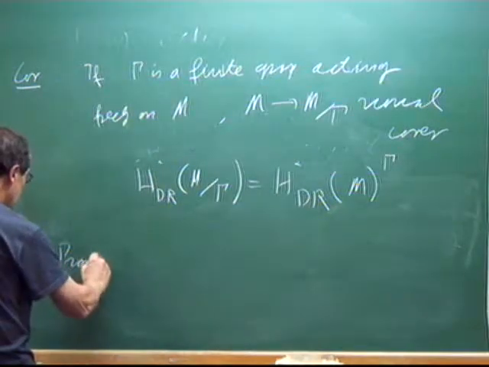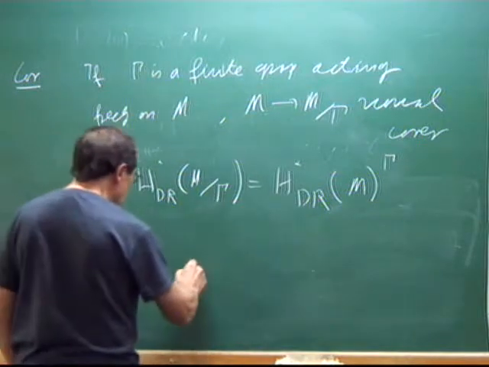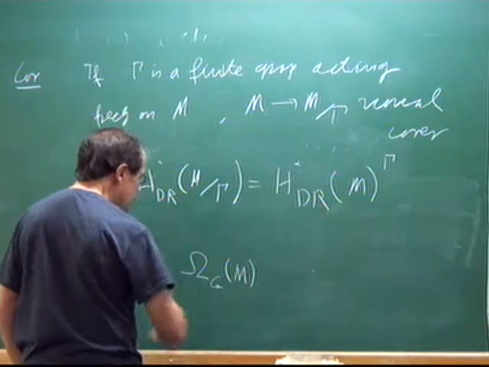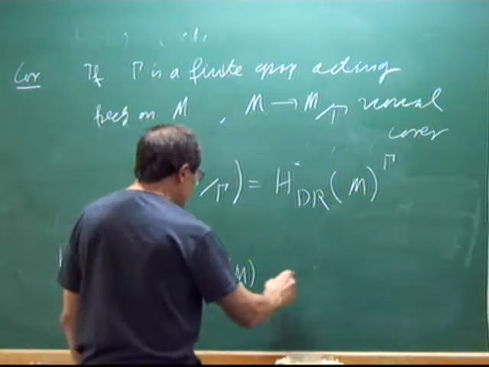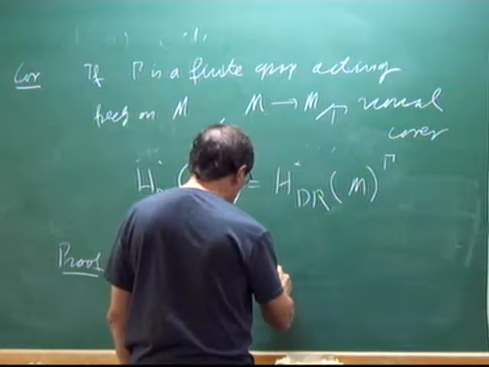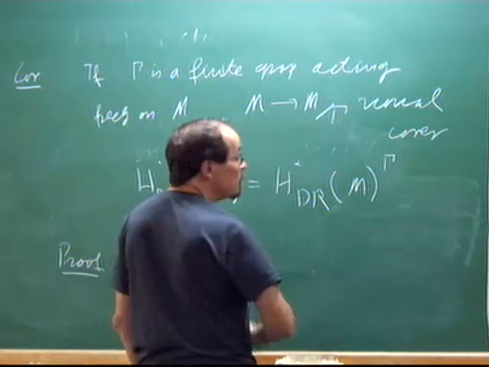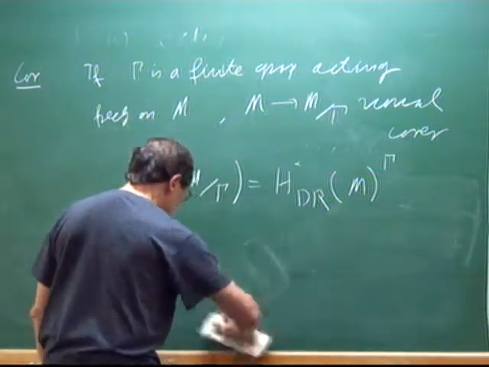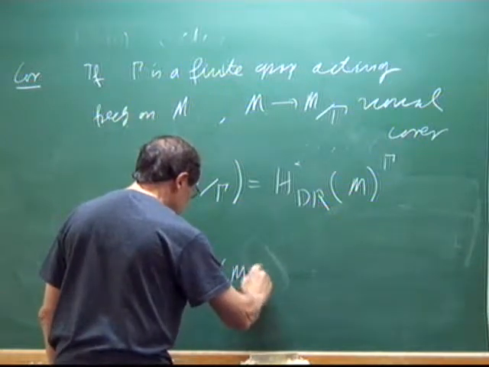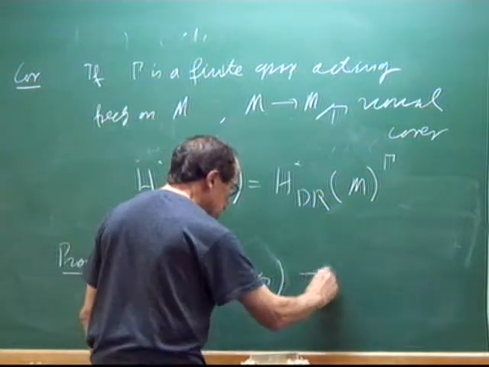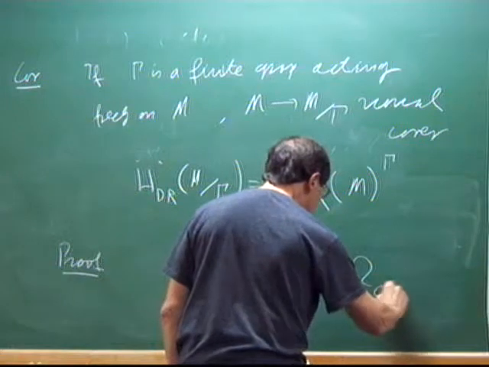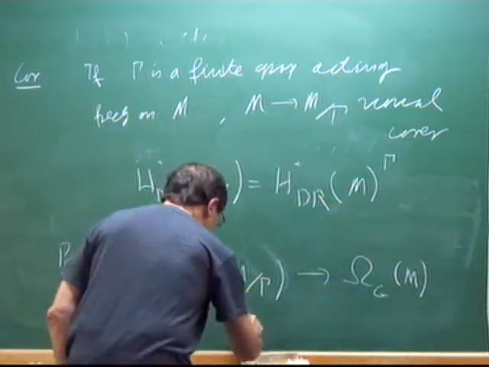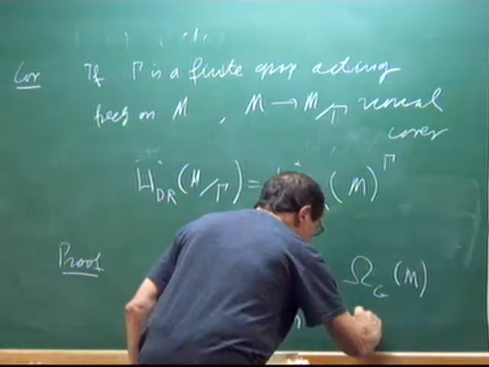What you do is you show that on the level of complexes, G-invariant forms on M, which way around? It goes the other way around. Take a form on M mod gamma that goes into a G-invariant form on M, just by taking a form down here and taking the pullback.